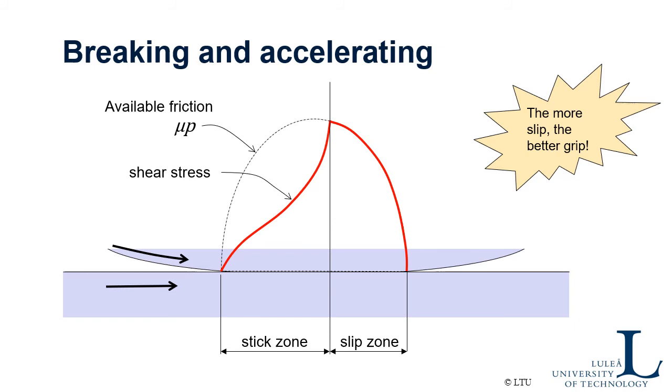But as soon as you have sliding all the way here, then the wheel will stop rotating and you will have just a sliding wheel. But that's not what you want. But before that happens, you really want to have as big a slip zone as possible in order to get as high grip as possible. So it's a little bit amazing that in order to have as good braking and acceleration, you should have more slip.